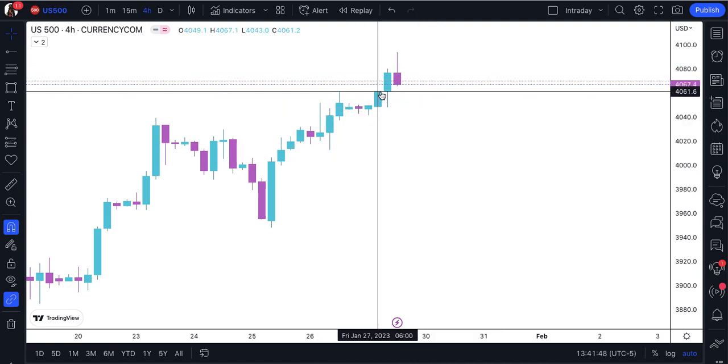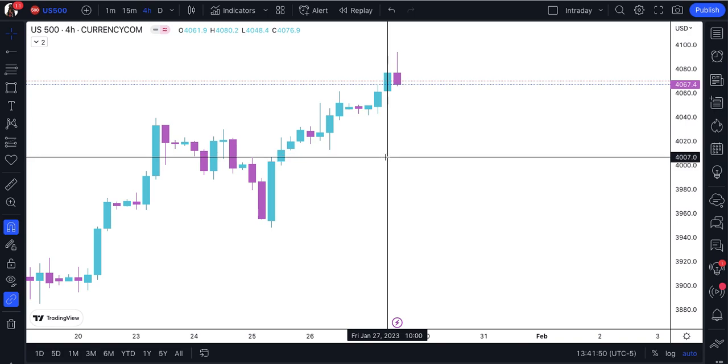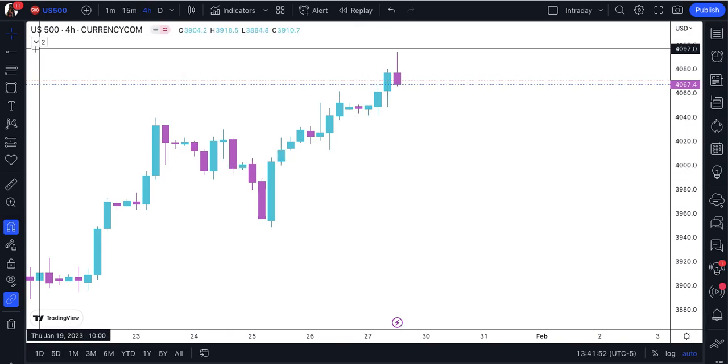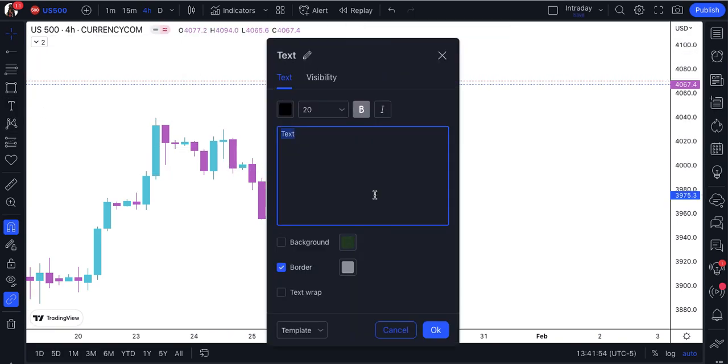All right, so let's start with market structure.